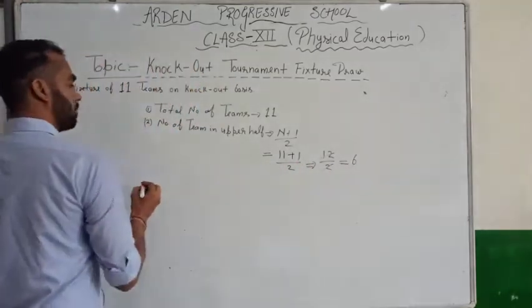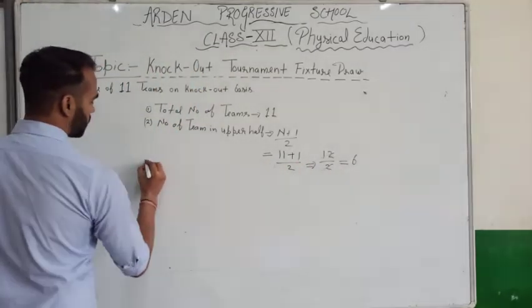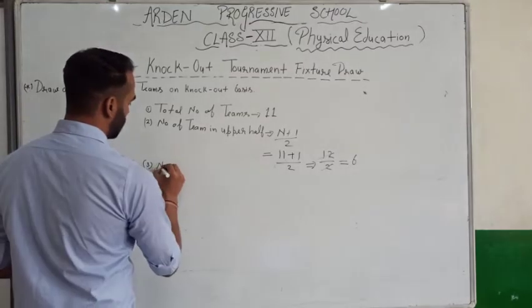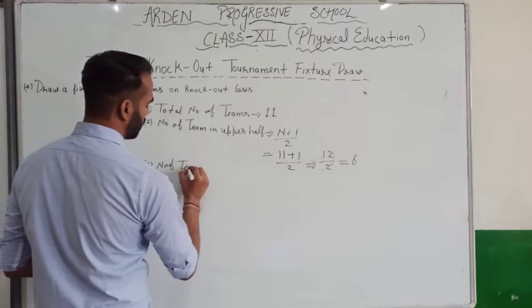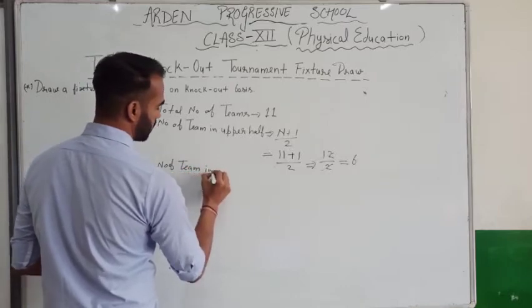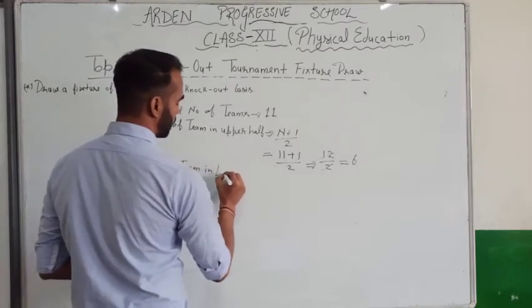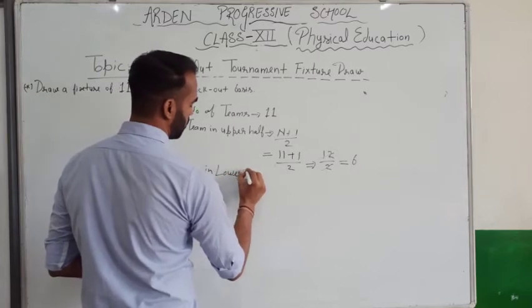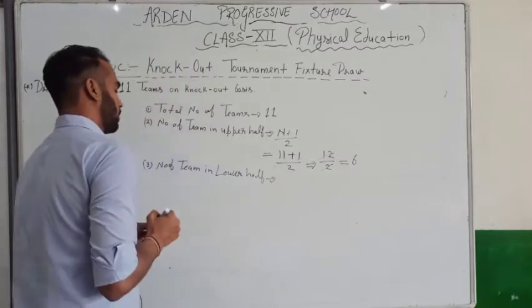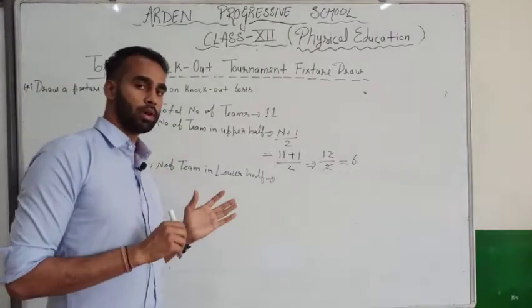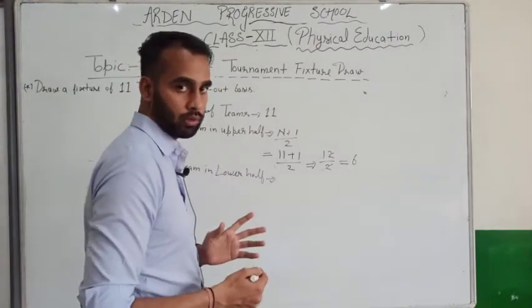Okay, same way, the third step: the number of teams in the lower half. Okay, so for the number of teams in the lower half there is another formula we will use. The formula is (N-1)/2. In the upper half the formula is (N+1)/2, and in the lower half the formula is (N-1)/2.